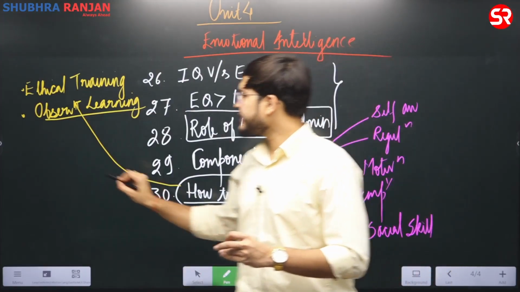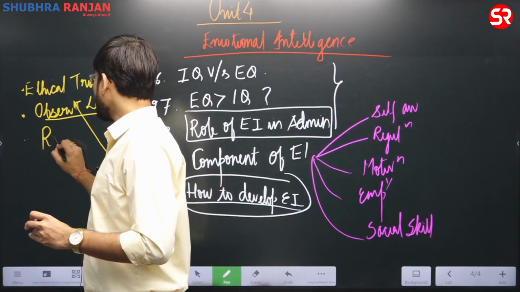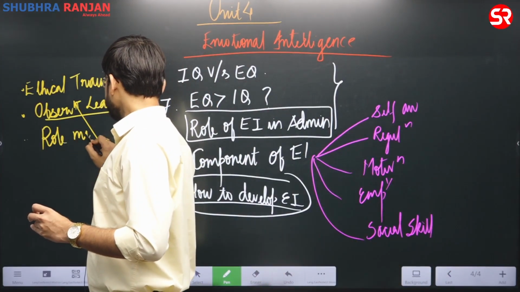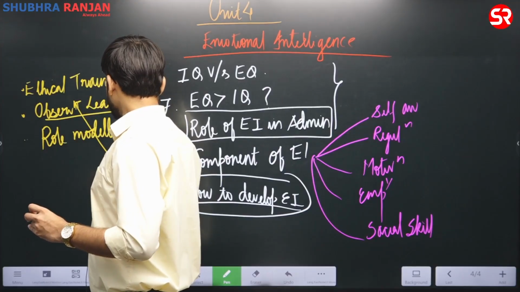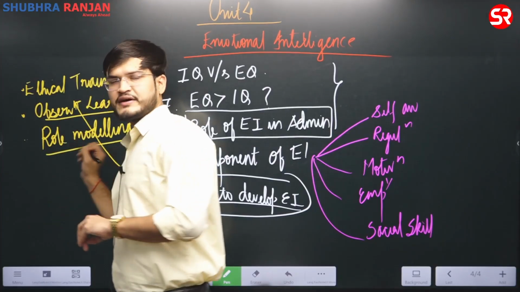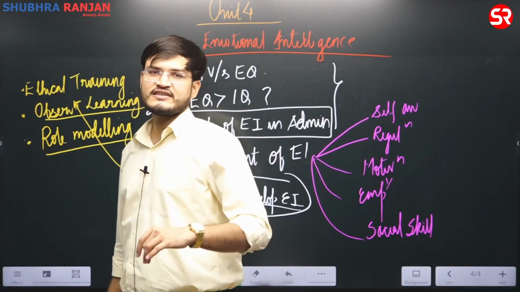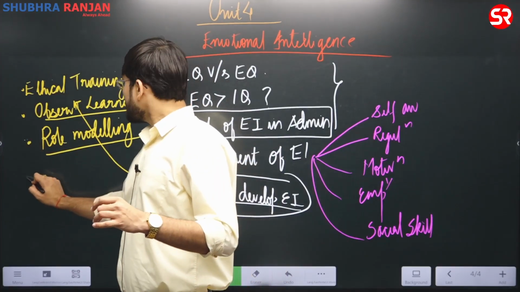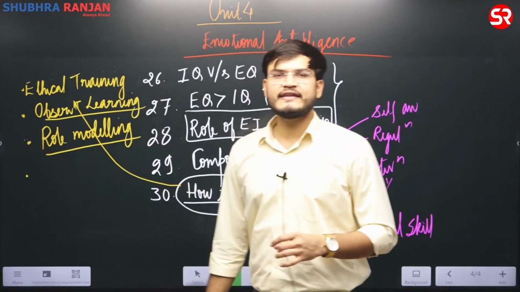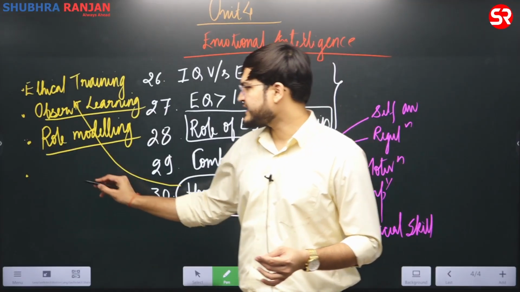Then you will be telling about role modeling. Here you can give the example of various IAS officers, for example Divya Devarajan. Then you can also write regarding reward and punishment, that is operant conditioning.